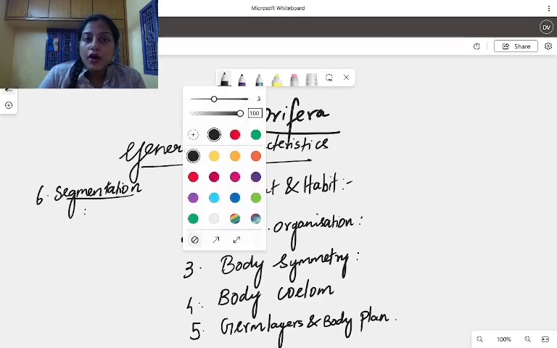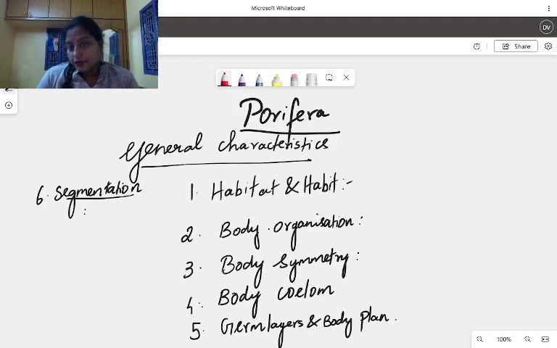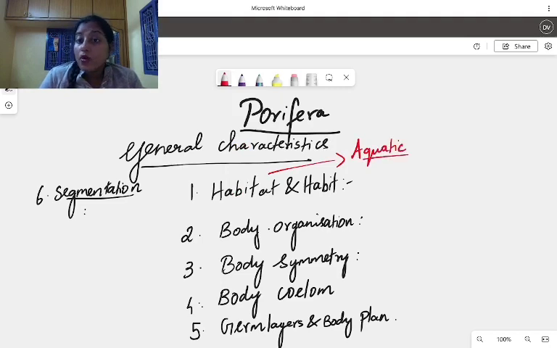Talking about the habitat, they are of course aquatic. Under aquatic, whether they are freshwater or marine, they are mostly marine.